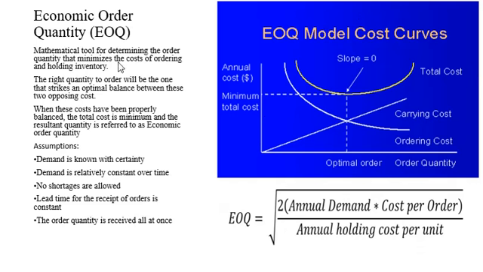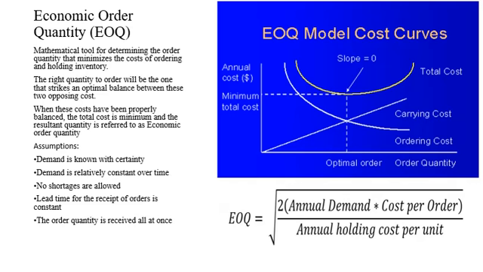So this is basically a mathematical tool for determining the quantity that minimizes the costs of ordering and holding the inventory. So the basic idea for which the EOQ, the economic order quantity, is calculated is so that the organization is able to minimize the costs associated with ordering and holding inventory.